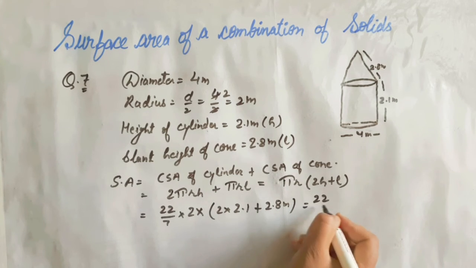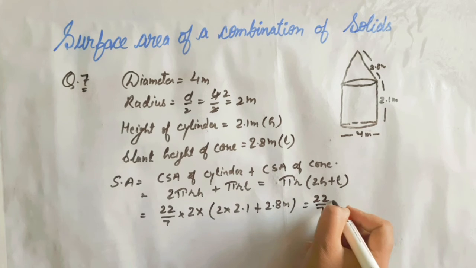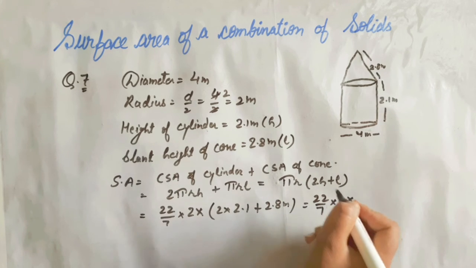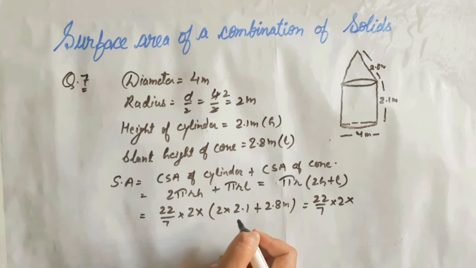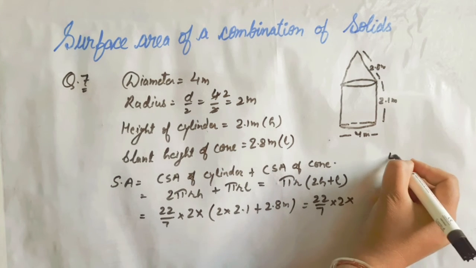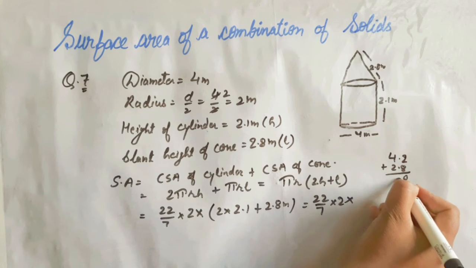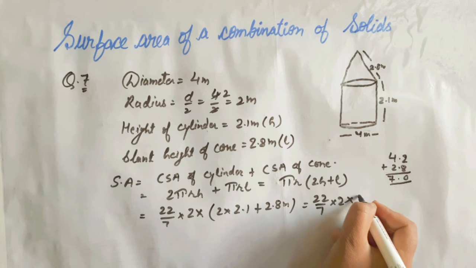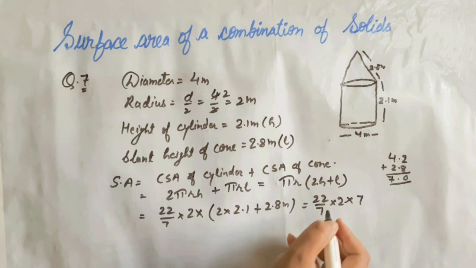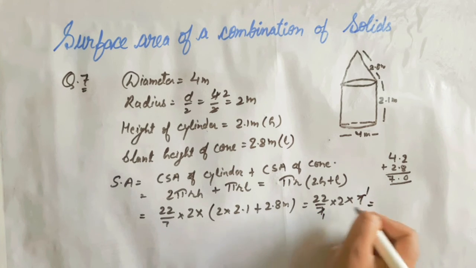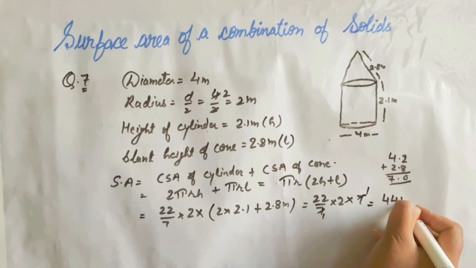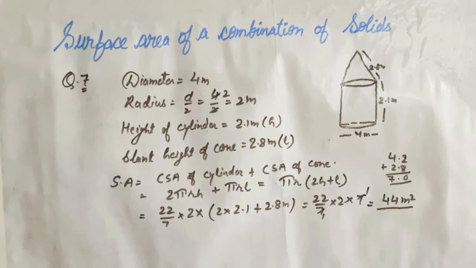Now simplify it. This will be equals to pi 22 upon 7, radius is given equals to 2 meter, then 2h, 2 into height is given 2.1 meter plus slant height is given 2.8 meters. This will be equals to 22 upon 7 into 2 into 2.1 into 2 will be 4.2. 4.2 plus 2.8 will be equals to 7.0. So this will be 7. So 7 ones are 7 and 22 twos are 44 meter square. So this is the surface area of the given solid. But you are asked to find out the cost.